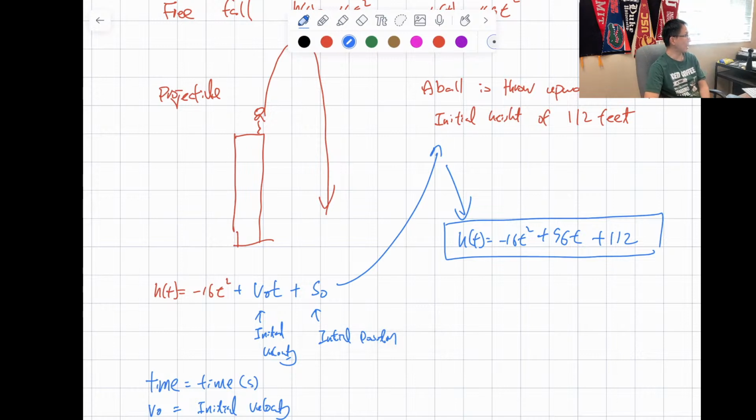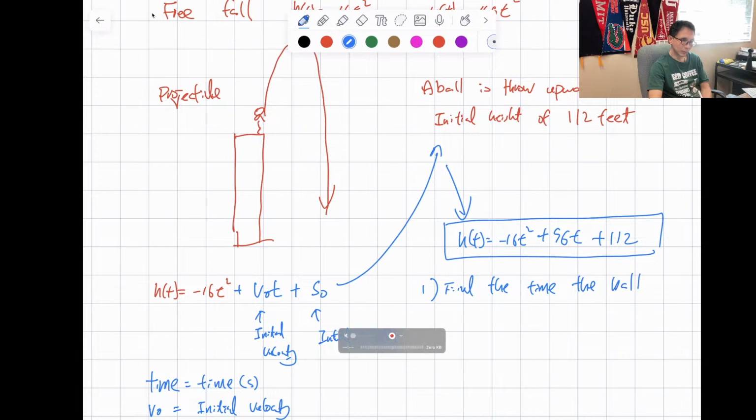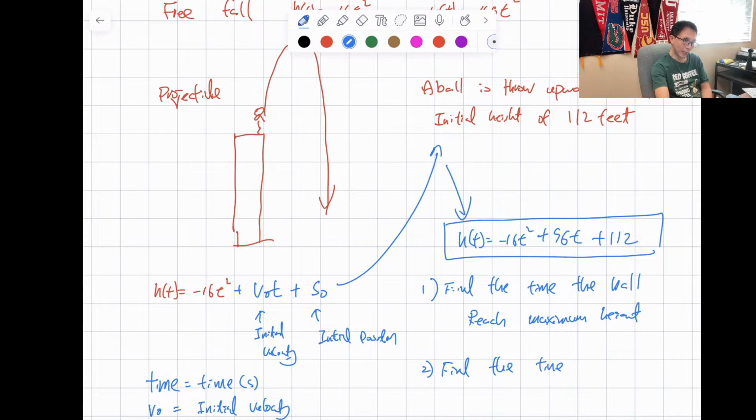What kind of information can I ask you on the SAT or on anything? I can ask you multiple things. First, find the time the ball reaches maximum height. Two, find the maximum height.